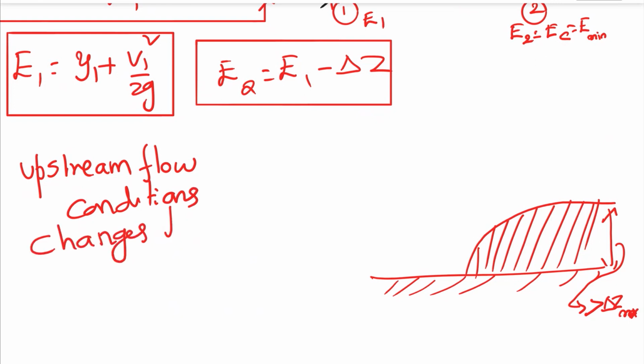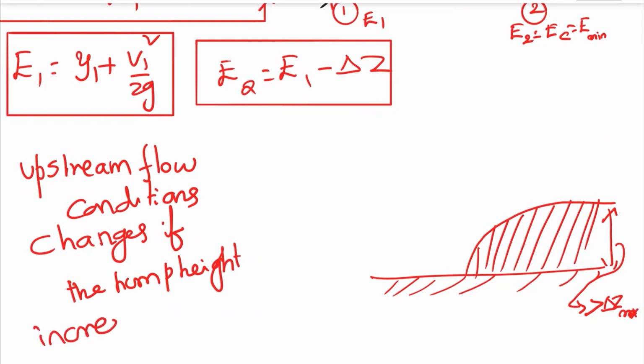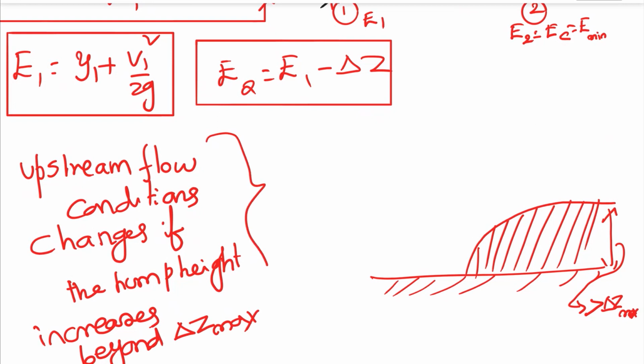If the hump height increases beyond delta Z maximum, so kindly remember it.